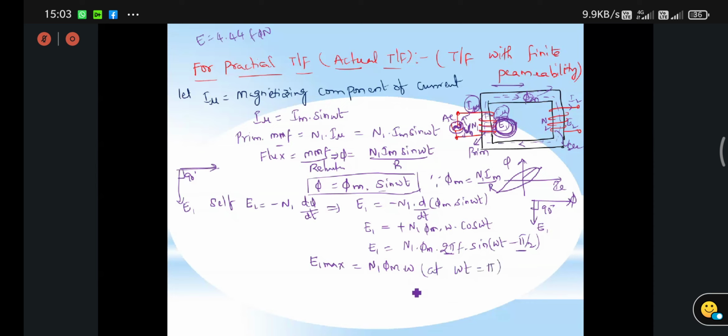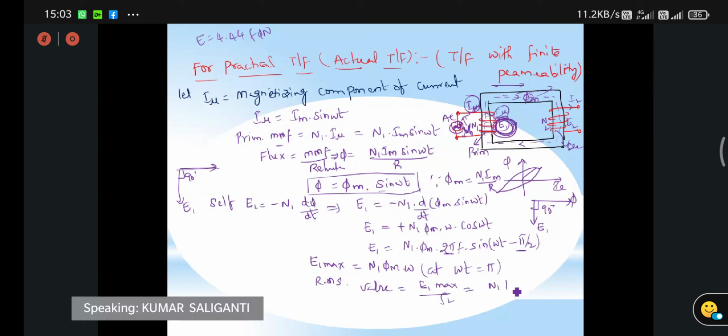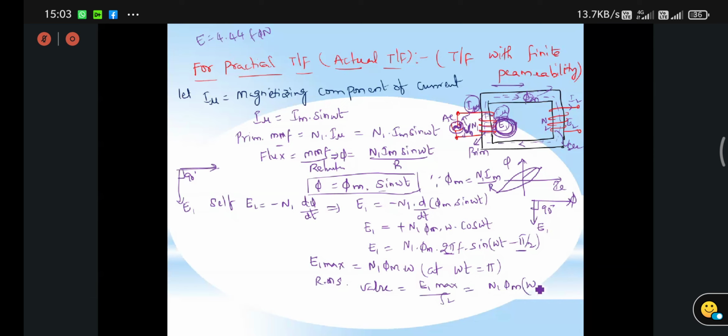Then the RMS value is E1 max by root 2, which equals N1 phi m omega by root 2, with omega written as 2 pi f.